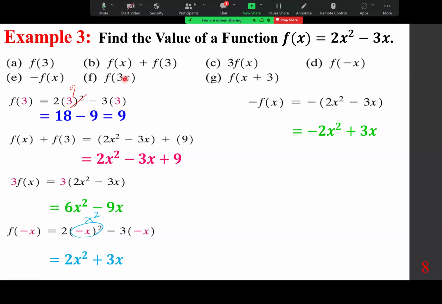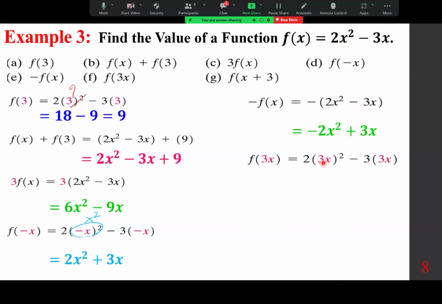f of 3x. Wherever you see x for f of 3x, replace it with 3x. So you get 2 times 3x quantity squared minus 3 times 3x. So take a look at this one. f of 3x means replace each x with 3x.